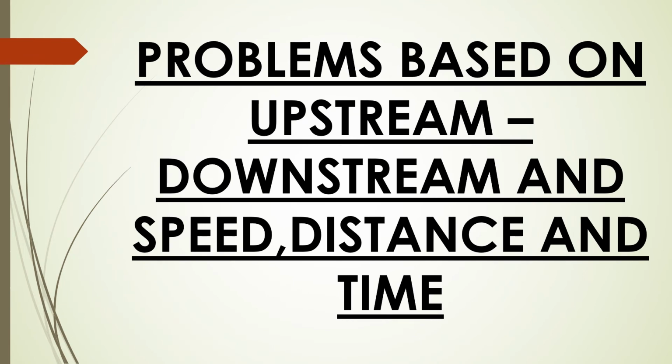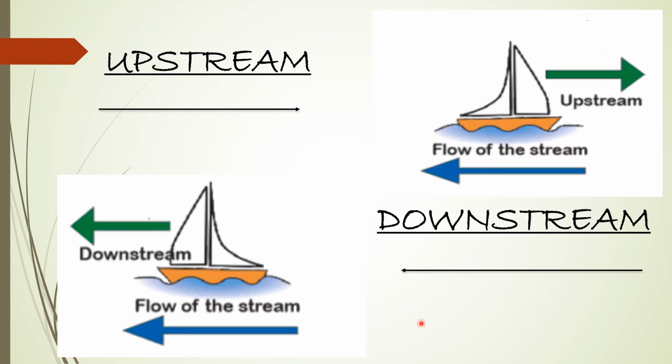Now the most interesting session, problems based on upstream, downstream and speed, distance and time. First of all, it is a must for you all to understand what is upstream and what is downstream. The upstream, in this picture you can see the flow of stream and the boat moving.